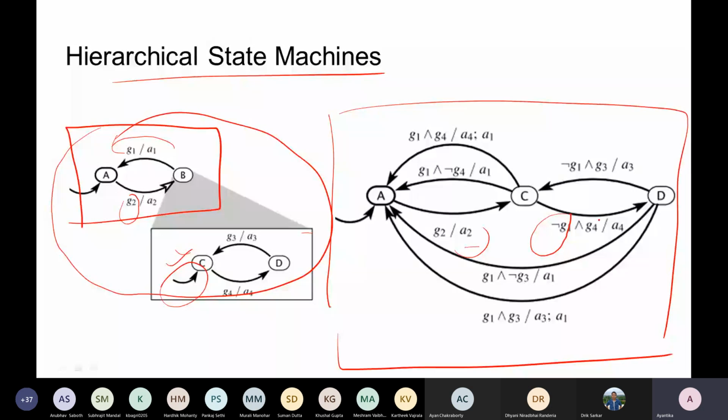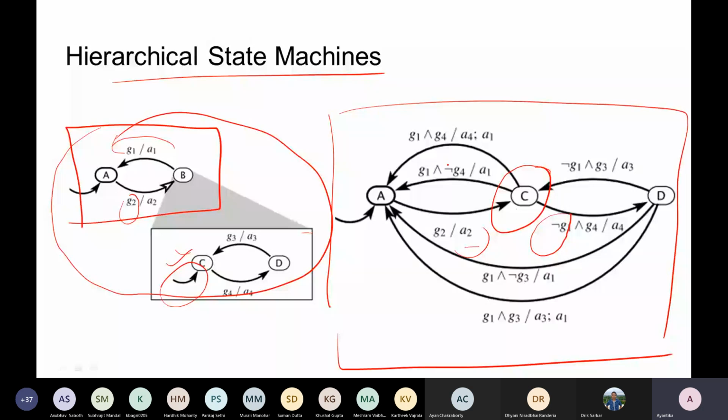That means if G1 and G4 are both true, it may happen in some cases that both the signals are on. Then there is a possibility that C can make a transition from C to D, and there is also a possibility to make a transition from C to A. Then which way should C go?